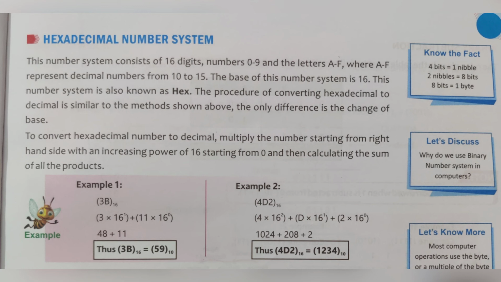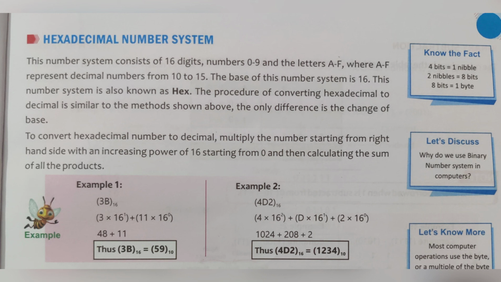Plus 11 into 16 raised to the power 0, which is 1, so 11 into 1 is equal to 11. 48 plus 11 is equal to 59 base 10. Thus we can say that 3B base 16 is equal to 59 base 10. That is the conversion of a hexadecimal number to the decimal number system.